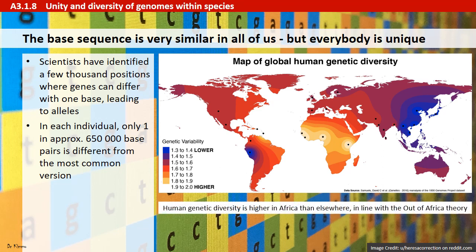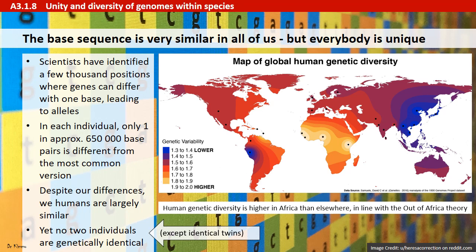Human genetic diversity is higher in Africa than elsewhere, and this is in line with the out of Africa theory that humans developed in Africa and then some populations emigrated out of Africa and then spread around the world. Whatever differences there are between humans, they are based on very few differences at the genetic level. So we humans are largely similar. However, no two individuals are genetically identical, except identical twins.